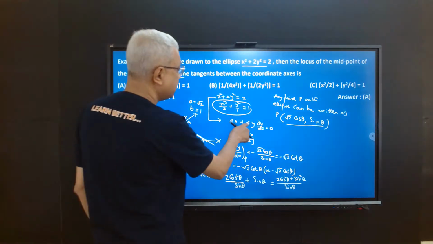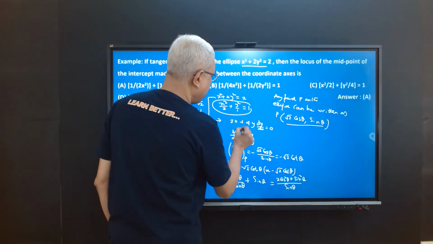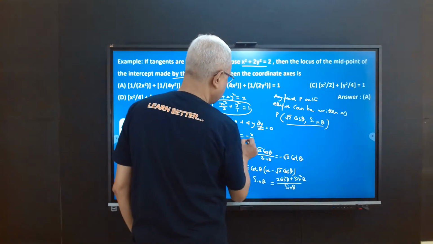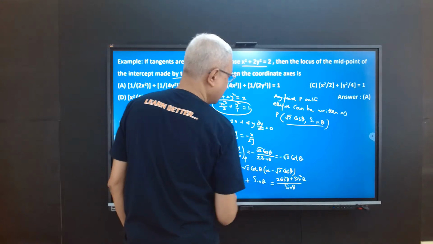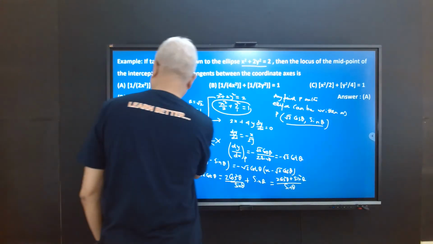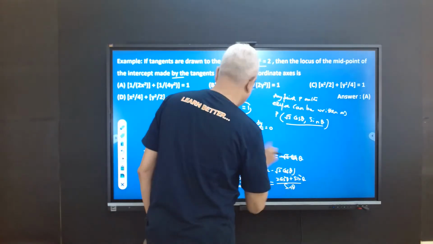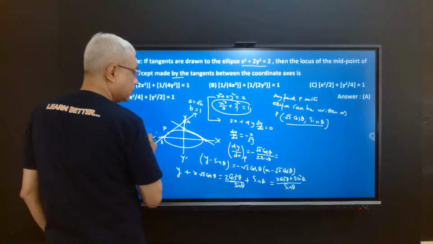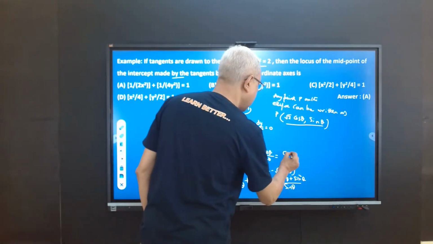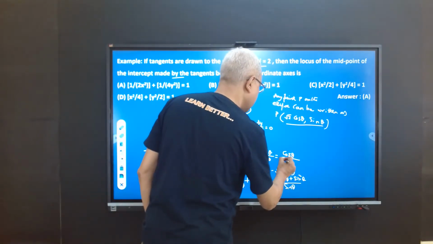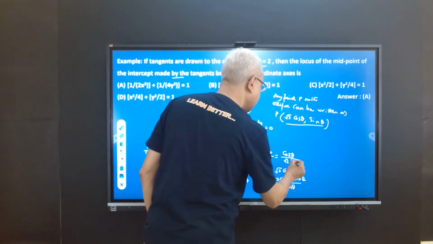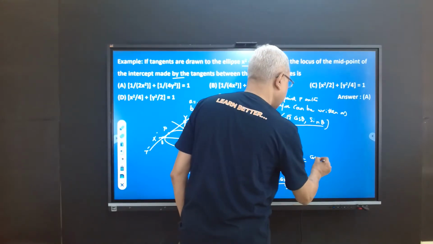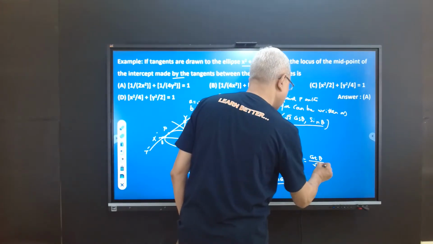So dy/dx is actually minus x by 2y. Okay. So x is root 2 cos theta and 2y is 2 sin theta. So there is a calculation mistake. So it is cos theta divided by root 2 sin theta. So it is cot theta divided by root 2.